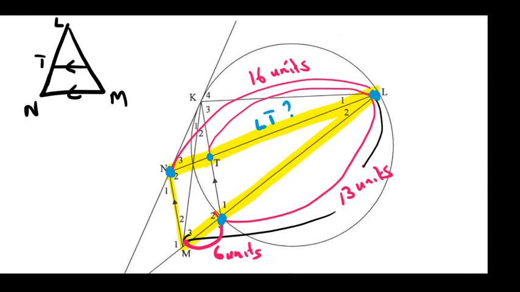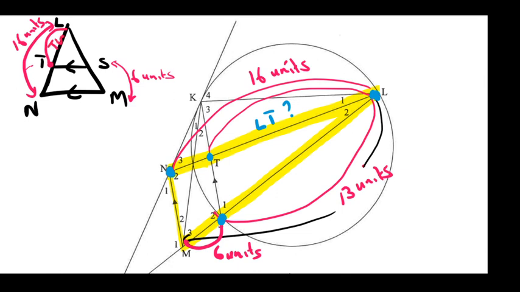And here it's T, and here it's S. So from here to here, we have 6 units, and from here to there, you have 16 units. And from here to here is what we are looking for.